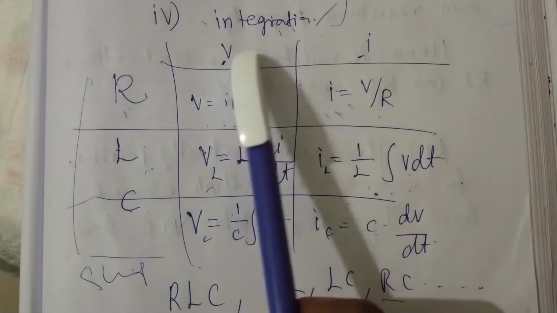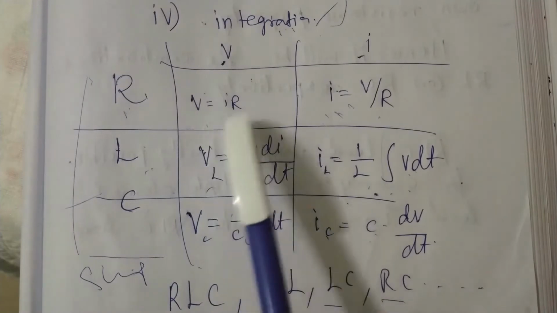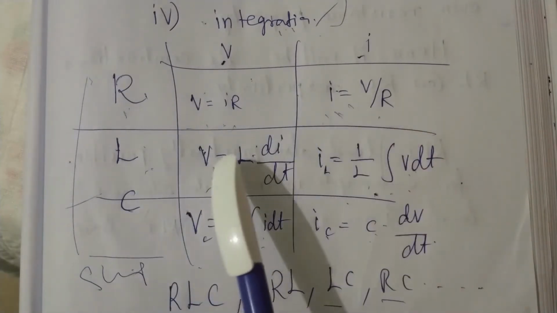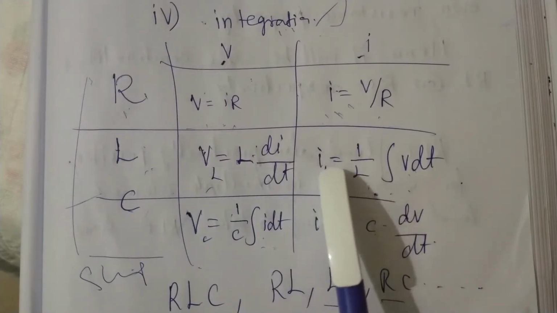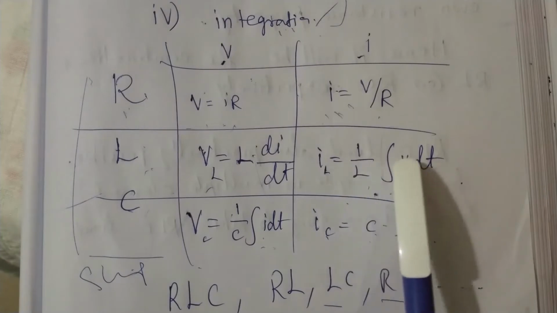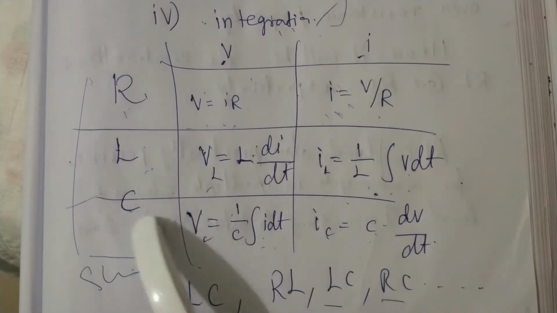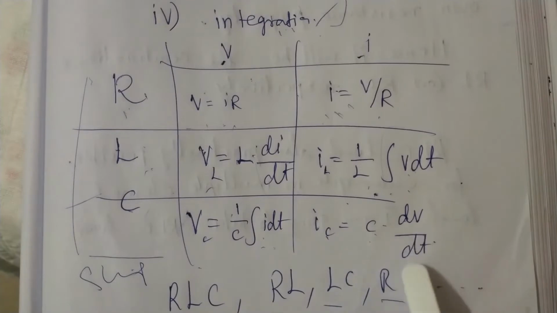If you are analyzing the voltage and current for each element: V equals I R and I equals V by R. For the inductance, V L equals L into di by dt, and I L equals 1 by L into integral V dt. For the capacitive element, V equals 1 by C integral I dt and I C equals C into dV by dt.